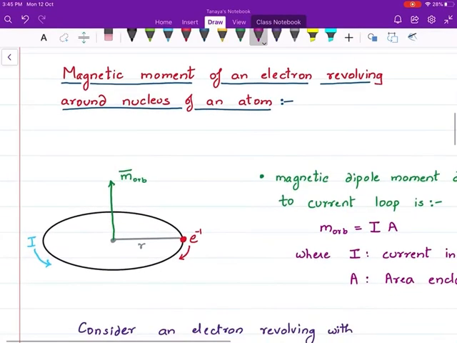So we have an electron, as we discussed earlier, which is moving in clockwise direction. If electron is moving in clockwise direction, current is in anti-clockwise direction. So there is a current in anti-clockwise direction. The radius of this particular orbit is small r.